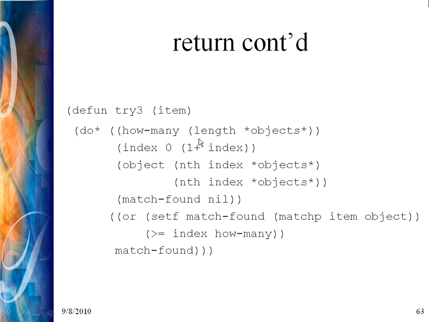And how many doesn't change, it's simply the length of objects. That's the number of objects. Objects, remember, is a global variable whose value is a list. Index starts at 0 and is then incremented by 1 each time through. Object starts as the nth item of the list objects, and each time through is set to the index item from objects.